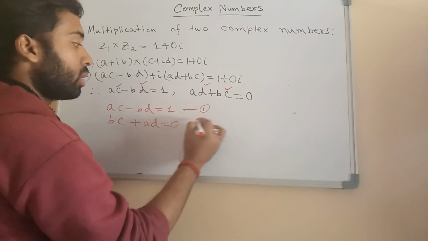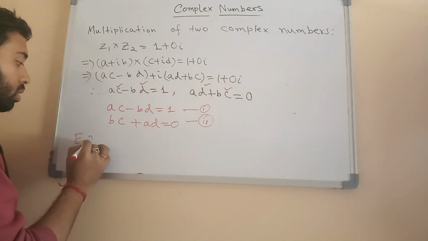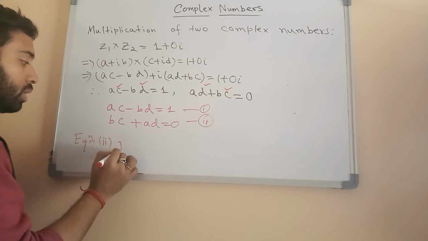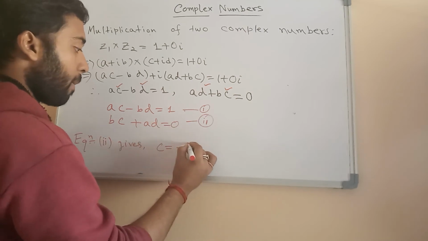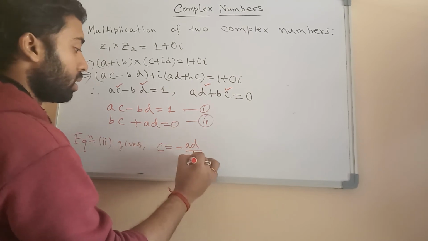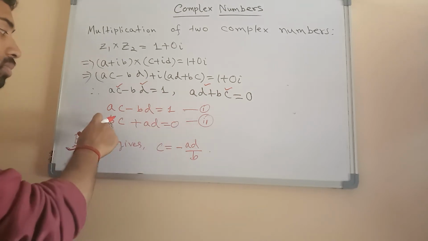This is number 1, number 2. From equation number 2, C equals to minus AD by B. Take AD in the right side, minus AD by B.